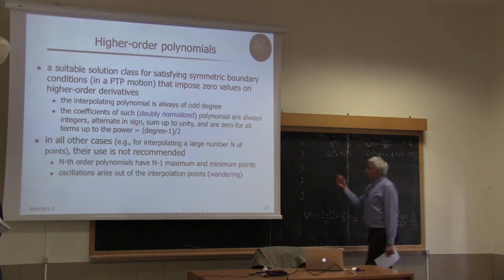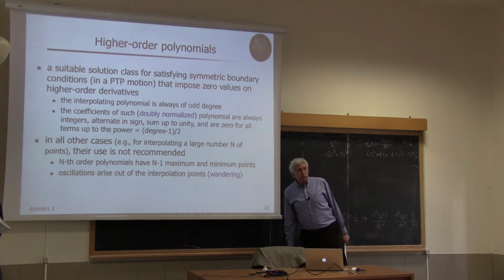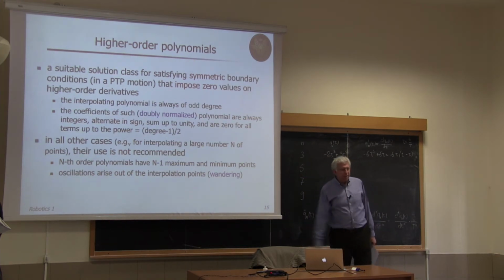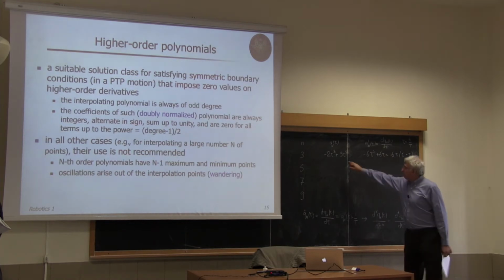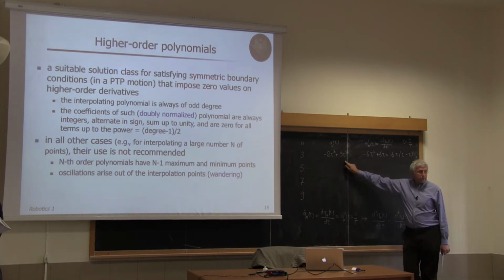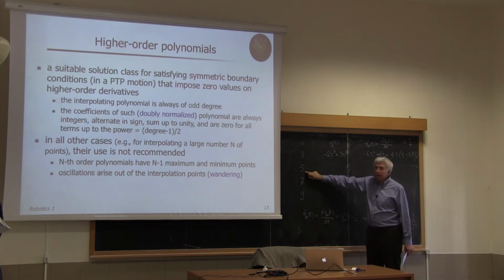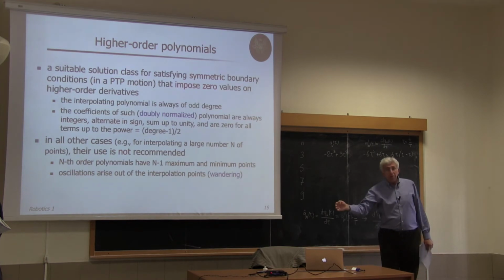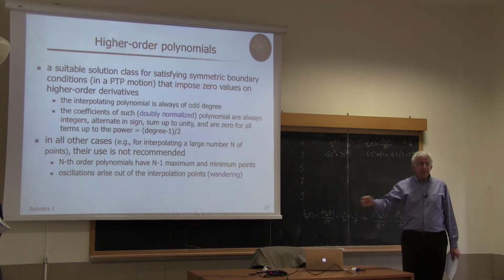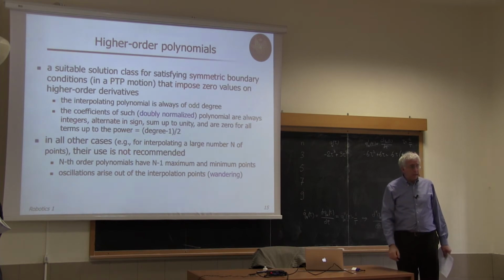So suppose that you want to impose now also zero initial acceleration and zero final acceleration. So with a cubic function, you will no longer be able to do this. You need to add two coefficients. So you move from degree 3 to degree 5, and you have 6 coefficients for imposing initial position and final position, and zero initial velocity and acceleration, and zero final velocity and acceleration.